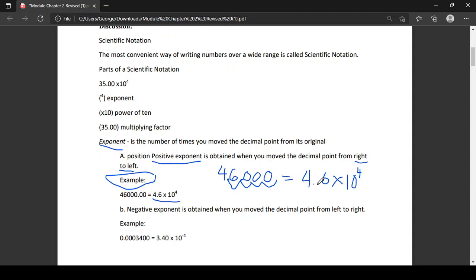Kids, how do you know when to stop jumping? You will only know when to stop jumping, for our positive exponent, kids, at the last significant number present. In 46,000, kids, what is my last significant number present? Is it the number 4 or 6? 4.